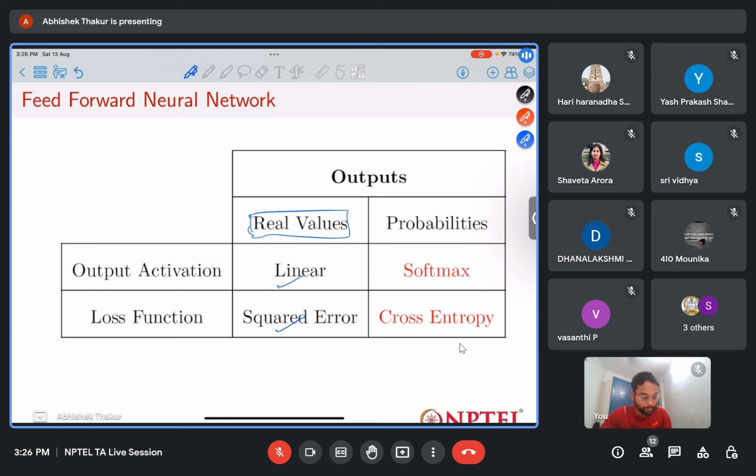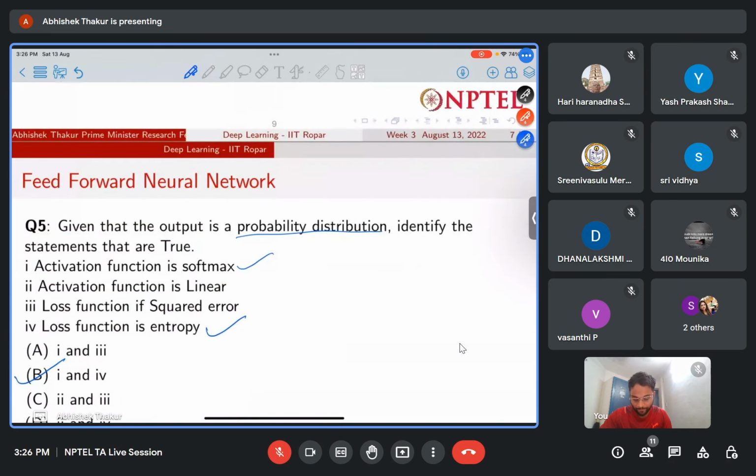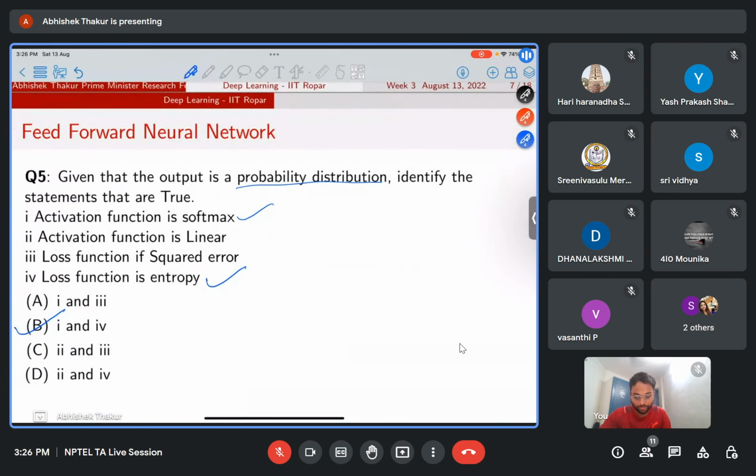Now when the outputs are probabilities, our loss function will be cross entropy when the output activation is softmax. So using this table we can answer question number 5. This is a probability distribution, so the activation function is softmax and the loss function is the cross entropy function.